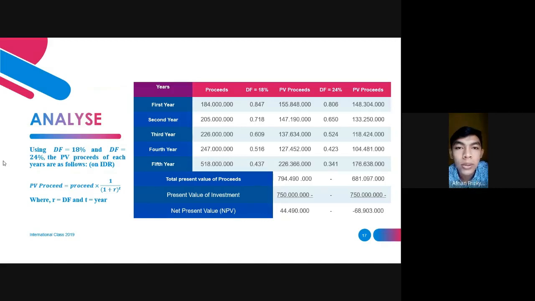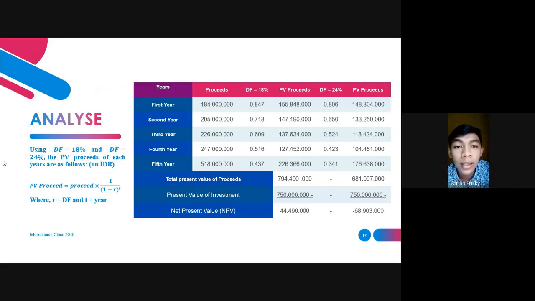And then we calculate the PV proceeds using proceeds of 184 million rupiah times 0.806, and we get the PV proceed for the first year of 148 million and 304,000 rupiah.